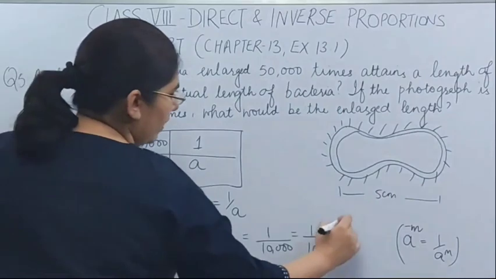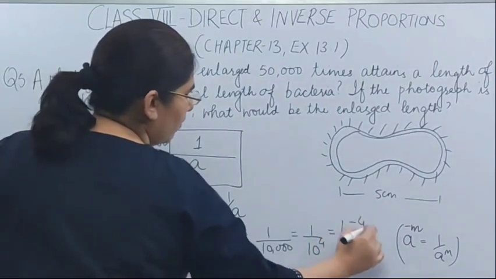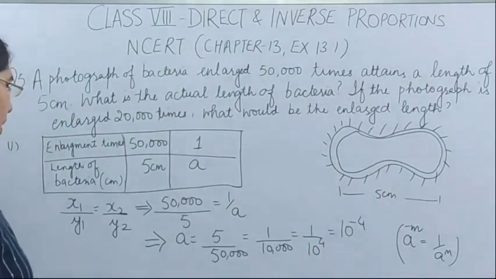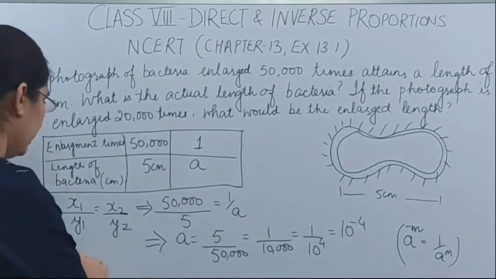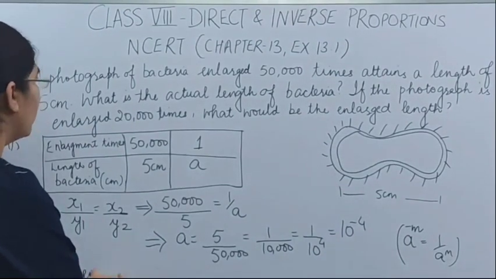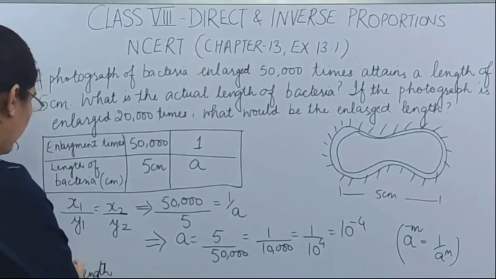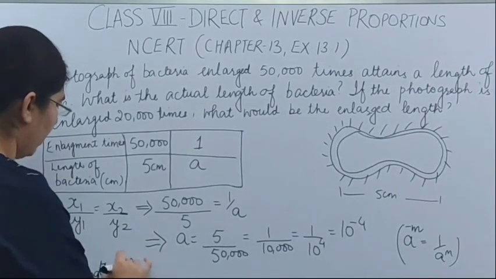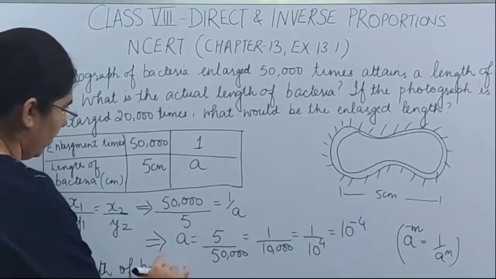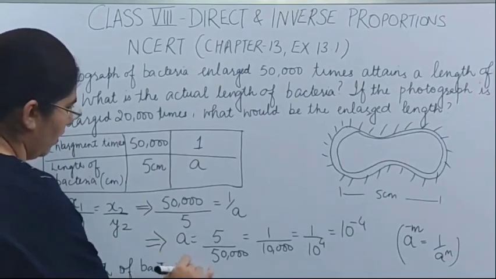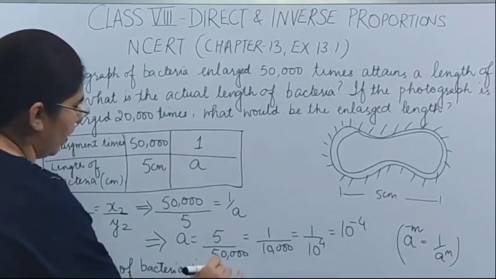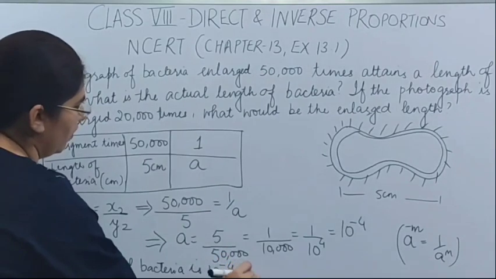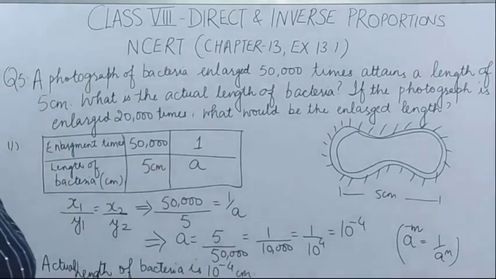So, can I write it as 10 to the power minus 4? Therefore, we find that the actual length of bacteria is 10 to the power minus 4 centimeters, right?